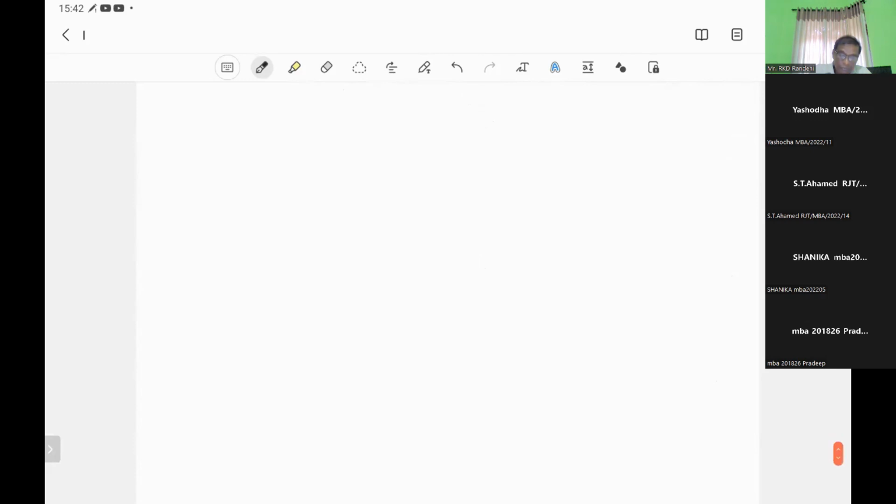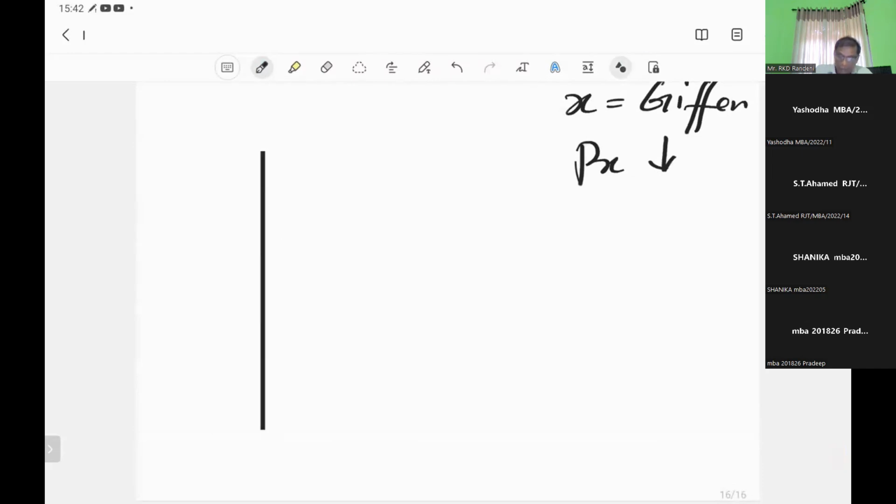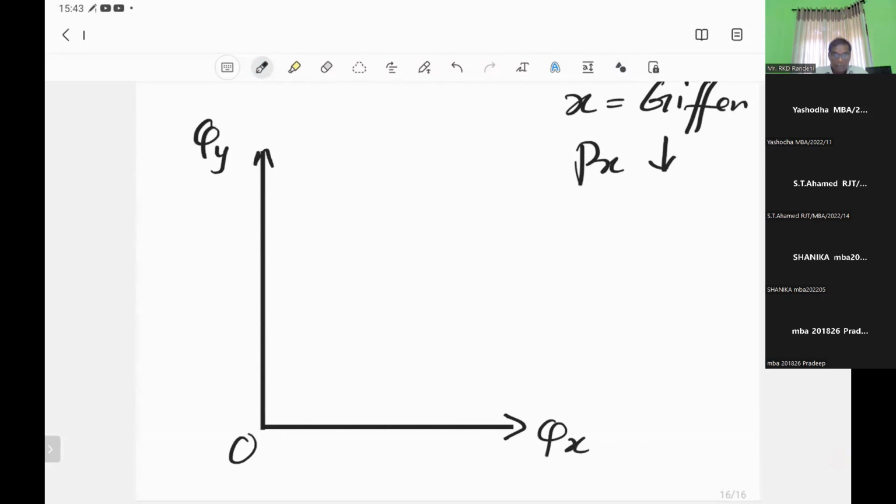Now assume that x is a Giffen good, then the price of x is reduced. Now the graph: here quantity x, the Giffen good, here quantity y, right?